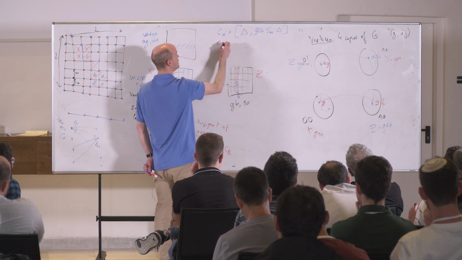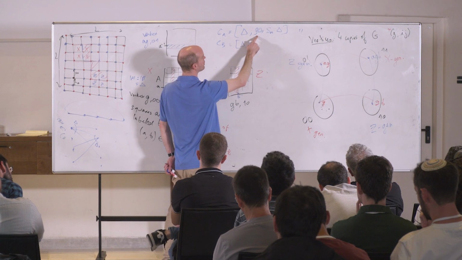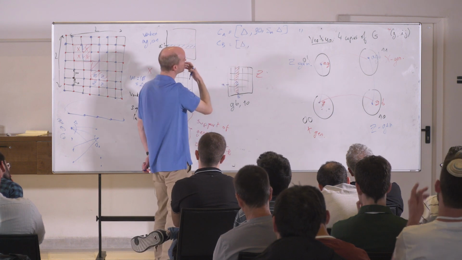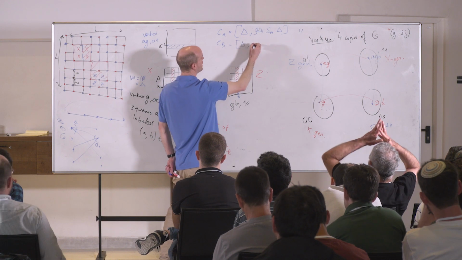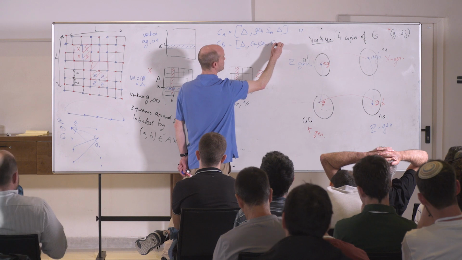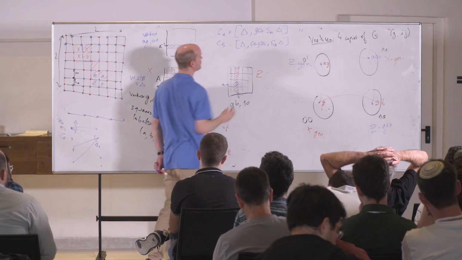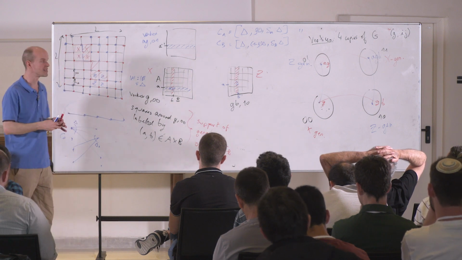And I also take CB to be a different code with a different rate. So I will take CA of rate rho, and CB of rate 1 minus rho. It has some distance. I don't care about that for the moment.